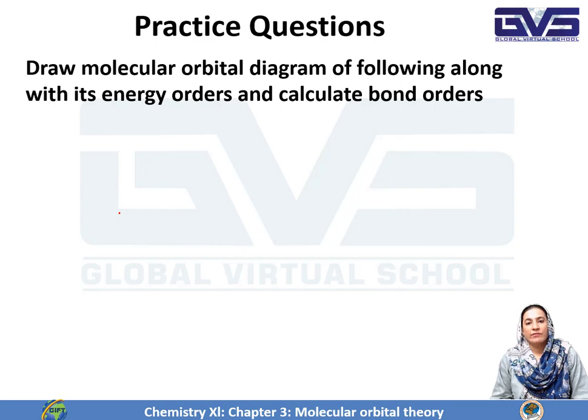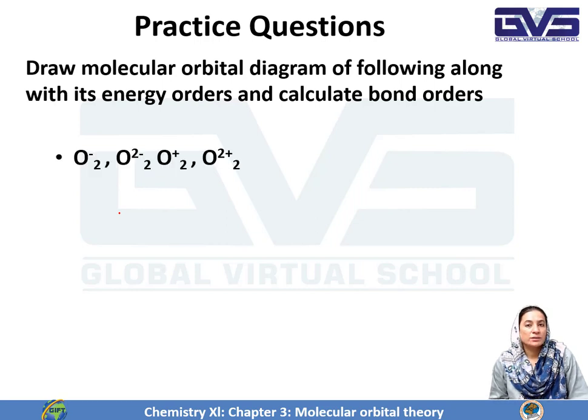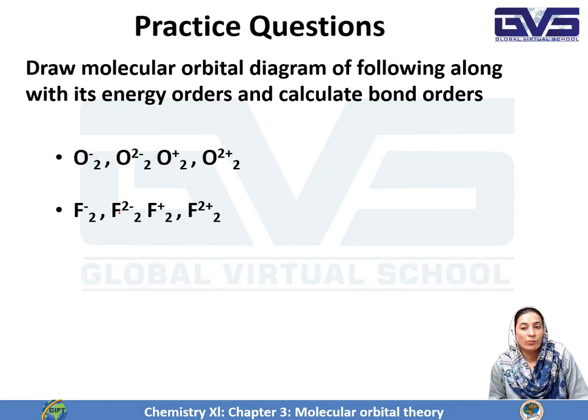Now students, after this practice, I solved a lot of questions for you and drew the molecular orbital diagrams. Now it is your turn to practice and draw the molecular energy level diagrams of some molecules and their ions. You have to write their molecular orbital diagram, their energy orders, and also calculate the bond orders.